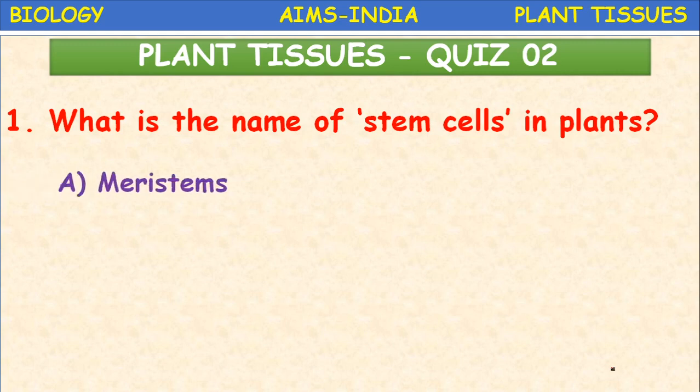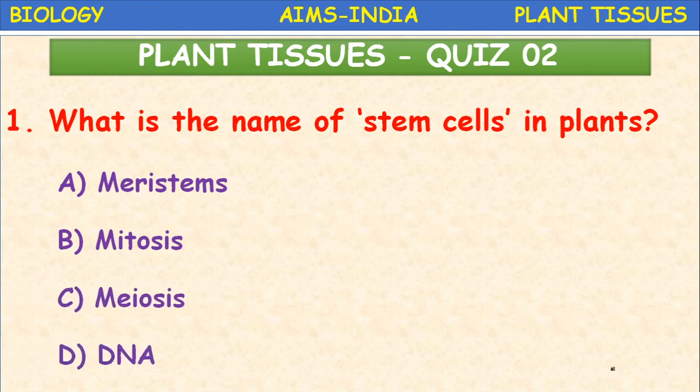Number 1, the first option meristems, second option mitosis, third option meiosis, and the fourth option is DNA. So here the stem cells are present in meristematic tissues or meristems. Okay. What is the meaning of stem cells? Actively dividing cells or totipotent cells.